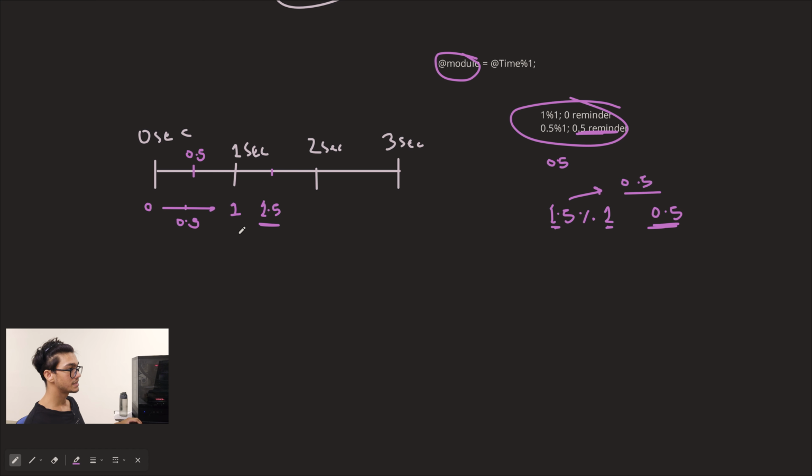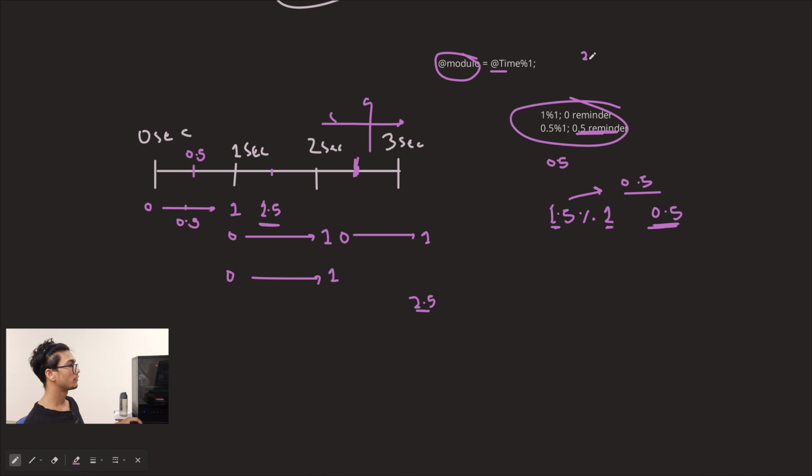So the value will be the same from 0 to 1 here, and the same as 0. In this part you will get 0. So every 1 second you will get a modulo value from 0 to 1. If you want to prove it again, you can say, when we are at 2.5 seconds, we are here.